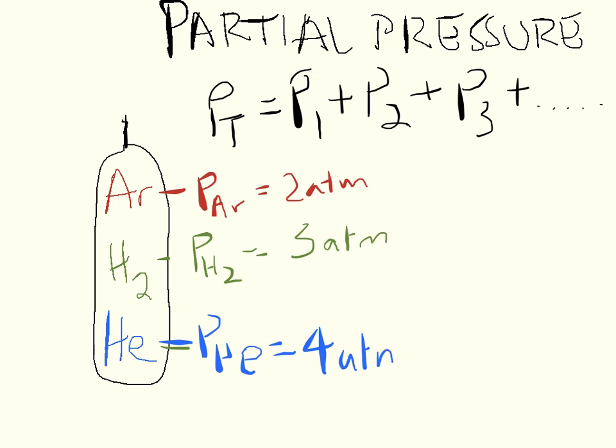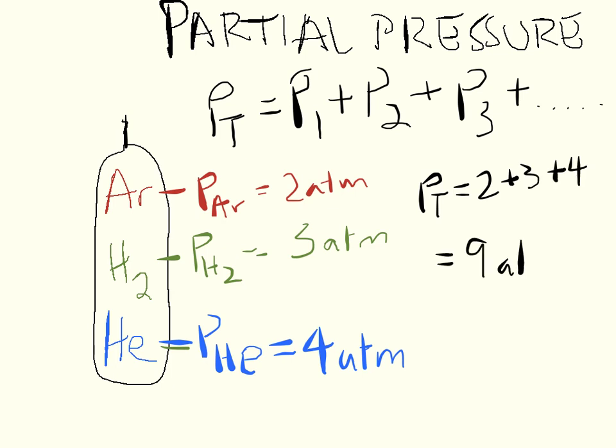And I just chose these numbers at random. If we wanted to figure out the total pressure of the gas in the tank, we would just have to add up all of the partial pressures. So in this case, the total pressure would equal 2 plus 3 plus 4, which would equal 9 atm.